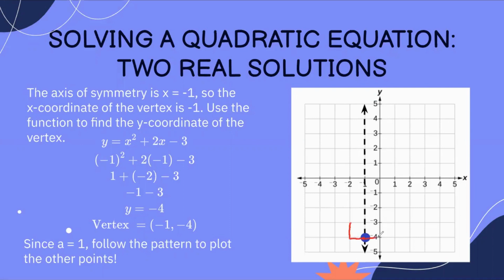Same goes if you were to go 1 unit right, you would also go 1 unit up. If you go 2 units left from the vertex, you would go 4 units up. And notice how this hits our x-axis right here. And then if you're going to go 2 units right from the vertex, you would go 4 units up.